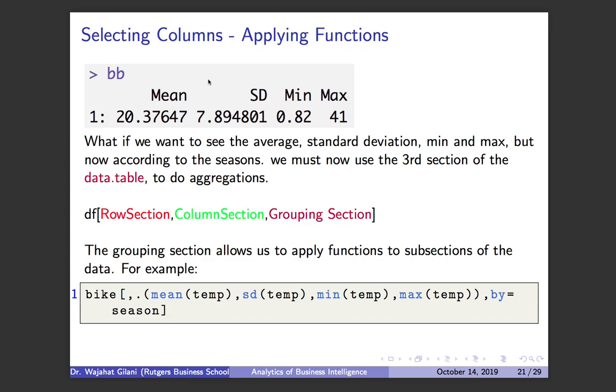Now, we finally get to probably the most powerful aspect of data tables, which is this grouping section, the third part. That's what it's all about here, ladies and gentlemen. This is the group by concept from SQL. This is the pivot table concept from Excel.